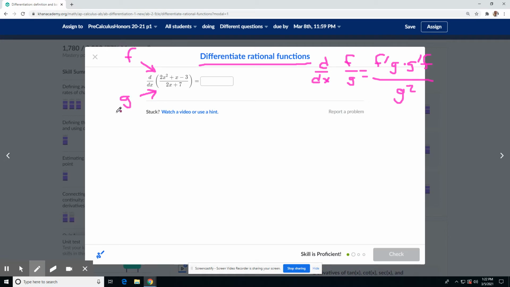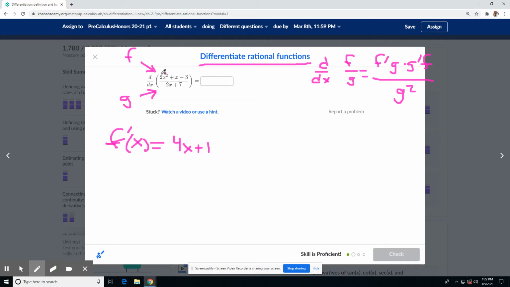And then let's go ahead and I don't want to jump ahead too far. So f prime, we got a lot going on here. I don't want to make any mistakes besides doing too many shortcuts. F prime of x is going to be equal to, derivative of the top would be 4x plus 1.